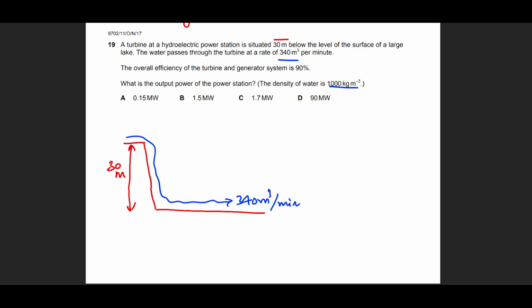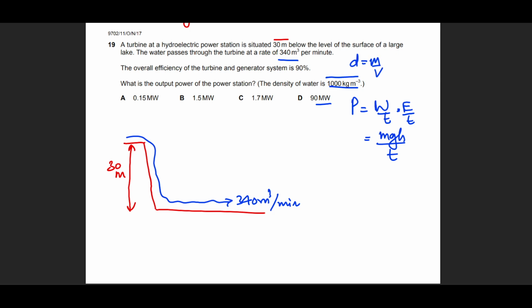Now we know that the formula for power in this situation, since we are required to find power in all options, is work done divided by time, or energy divided by time. In a dam situation, it's always gravitational potential energy. So I know that this is going to be mgh divided by t. Now where do I find mass? I have density, and density is equal to mass over volume.